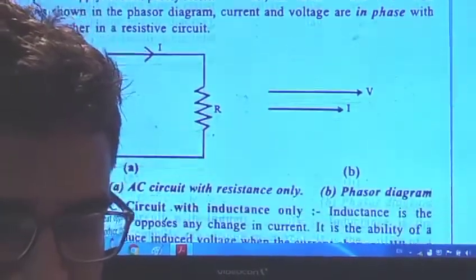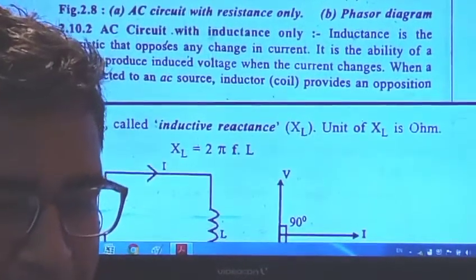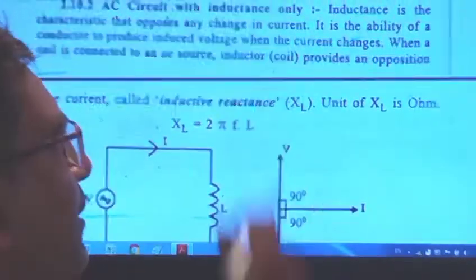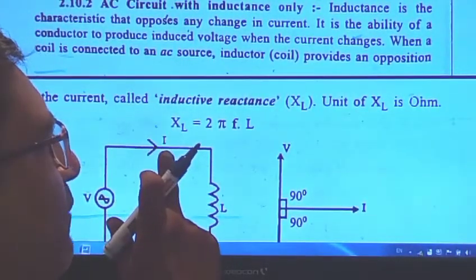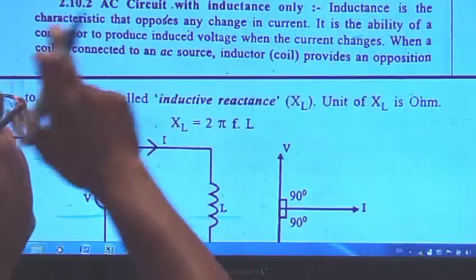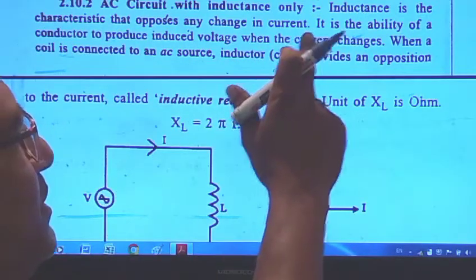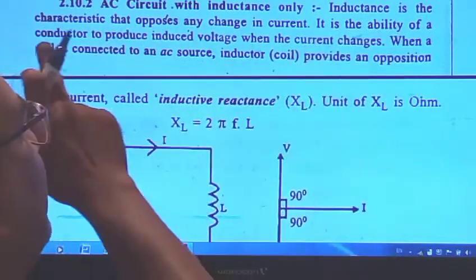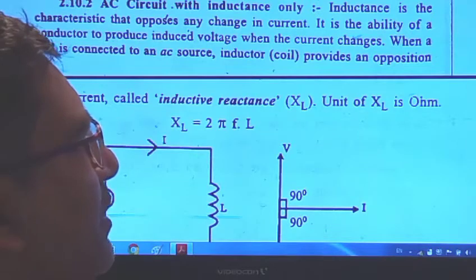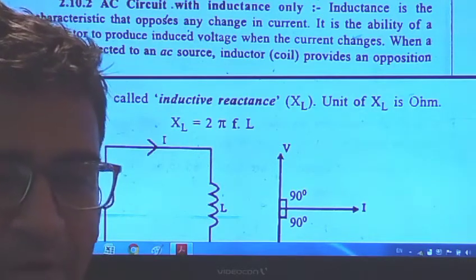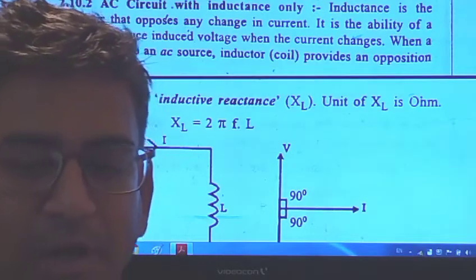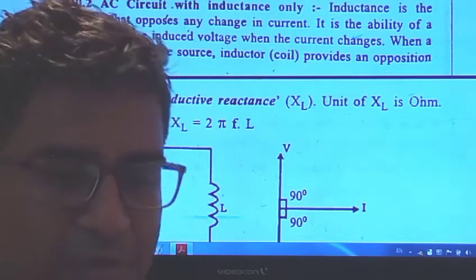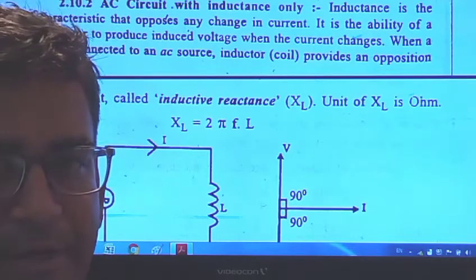Okay. Next, the AC circuit with the inductance only. Here, instead of the resistance, you just attach the inductor and the current will flow like this. The inductor has the characteristic that it opposes any change in the current. It is the ability of the inductor to produce the induced voltage when the current changes. When a coil is connected to an AC source, the inductive coil provides an opposition to the current called the inductive reactance.